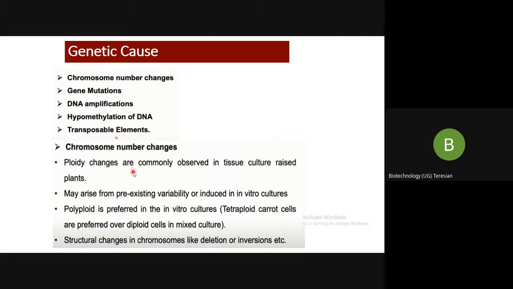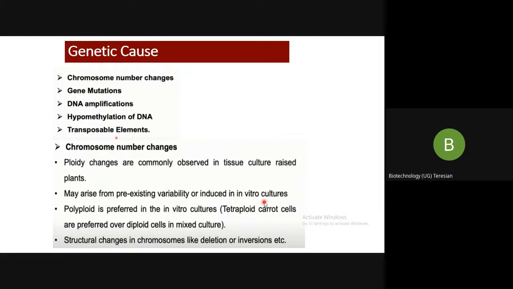Ploidy changes are commonly observed in tissue culture raised plants because we see that most of the growth regulators can bring about ploidy changes. They may arise from pre-existing variability or be induced in vitro.